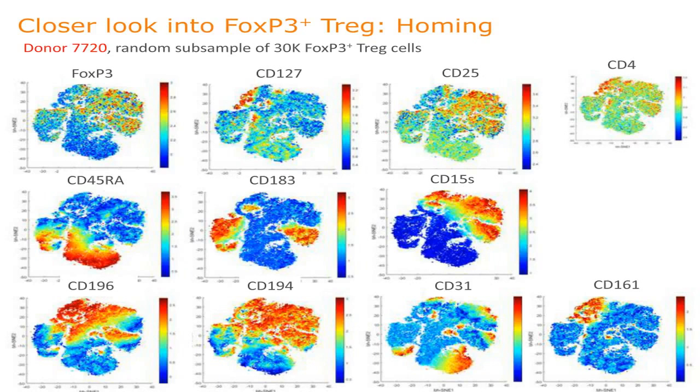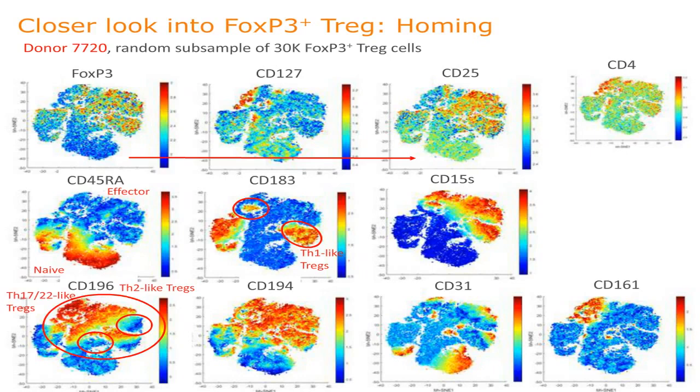And again, that's something that we have to be aware of for the way this is used as a visualization tool. So we can see that our FOXP3 low expressors are the ones that have lower expression of CD25, so that's consistent. We also have naive cells being clustered away from our effector cells for CD45RA expression. But we also see what is Th1-like T regulatory cells based off of CD183 expression. We also have what is Th2-like cells.